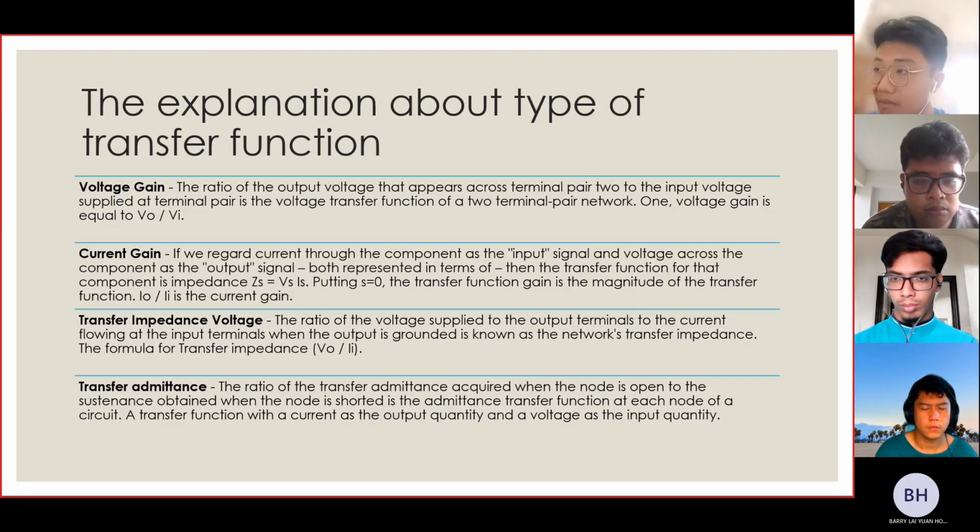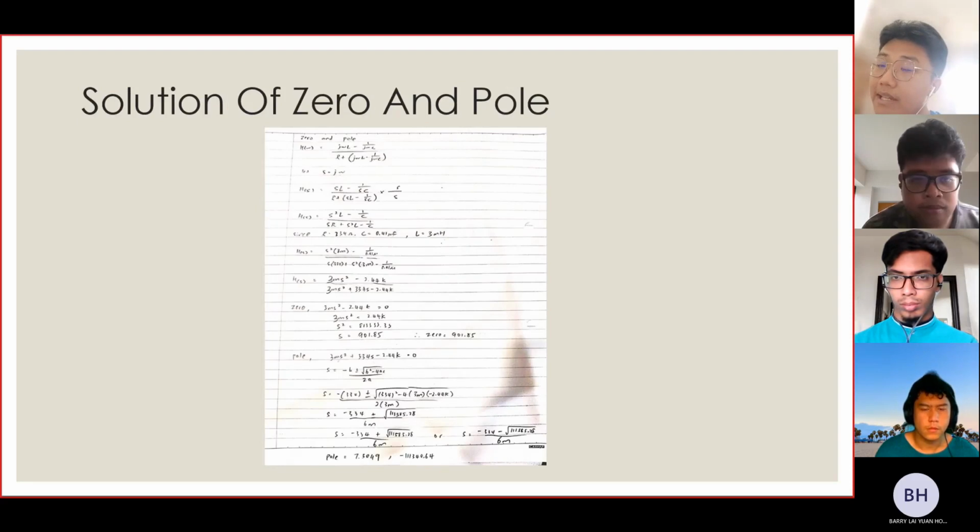It is the ratio of the current obtained when the node is open to the current obtained when the node is shorted. It is the admittance transfer function at each node of a circuit, a transfer function with the current as the output quantity and voltage as the input quantity. Next slide, please. For the next one, we need to find the zeros and poles by using the formula from the transfer function.